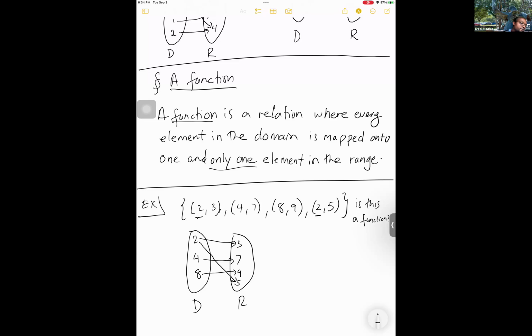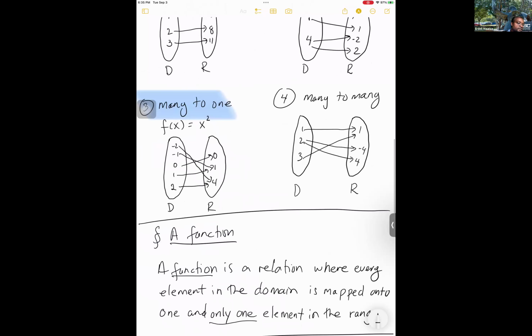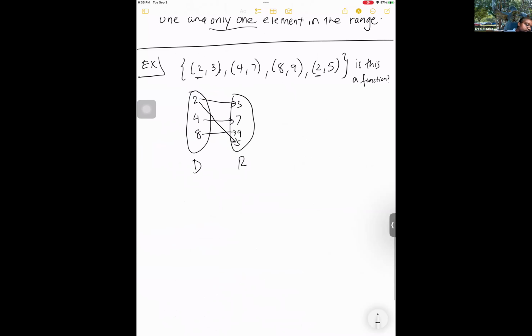All right, we've seen that there are several ways that we can express our relation. I'm going to give you some of them, and I want you to tell me yes or no, is this a function? Number 1. Number 2.